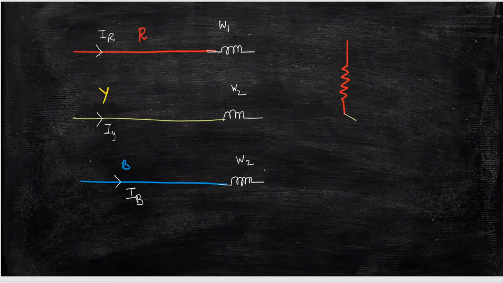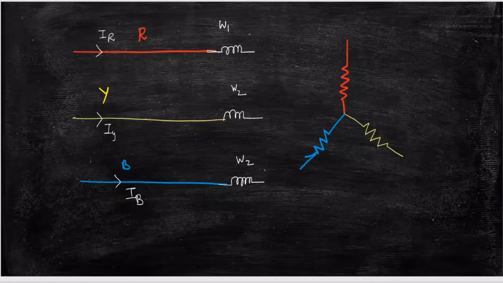Suppose this is a star connected load. Because it is a star connected load, you are going to have a neutral point. Let me take it as N. The common point is called neutral, and I am going to bring one wire out called neutral.